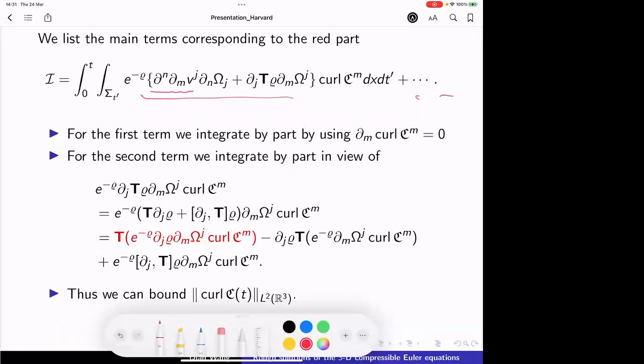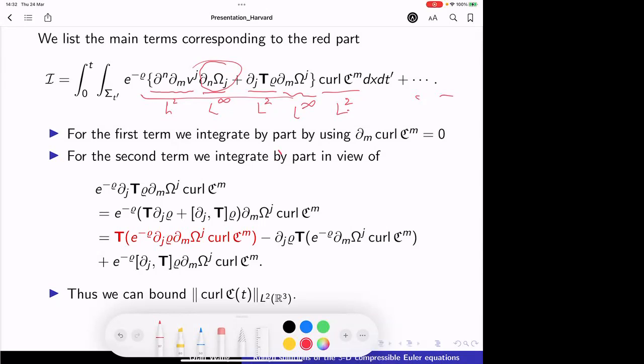This is already two derivatives on V. So this seems to be L2, L infinity, and you hope this to be in L2, and then one grown one. But this seems to require partial omega in L infinity. This is quite bad if you do it like this. Similarly, this is L2 because rho is in H2 plus a little bit. So this L2 forces partial omega again in L infinity. So it seems that we are back in the same situation.